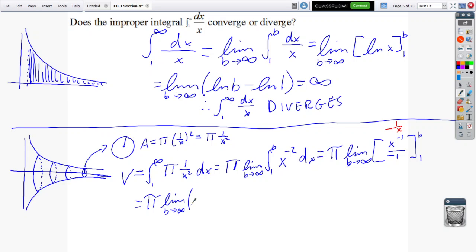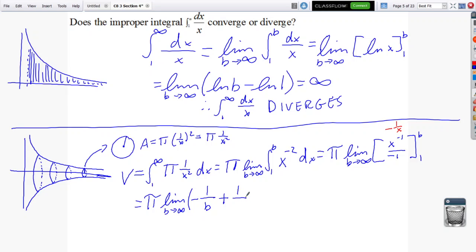So looking here, I'm going to have negative, what was my upper limit again? b. Okay, so -1 over b minus -1 over, what was my lower limit? 1. Okay. So now I'm on the step where I have to evaluate my limit.